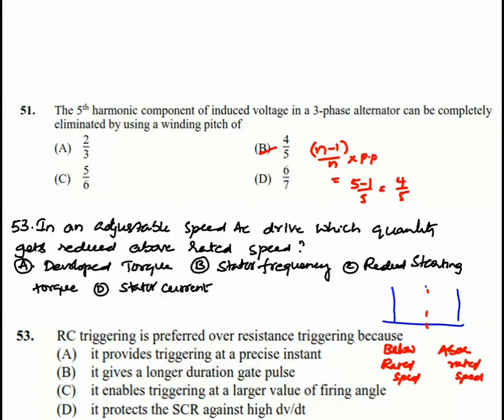So let's take the torque here. Torque is constant like this. After that torque is going to decrease like this, and here we have variable power below rated speed, after which we have constant power. So this is for power and this one is for torque. From this you can observe that in an adjustable speed AC drive, the quantity that gets reduced above rated speed is nothing but torque. So reduced starting torque is the answer here.